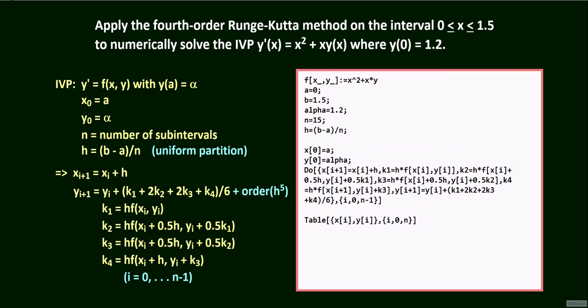We increase the value of n to 1500. Instead of showing the coordinates of all the points, which will be too many to fit on screen, we will show the last 10 points. So instead of letting i go from 0 to n, we let i go from n minus 9 to n.